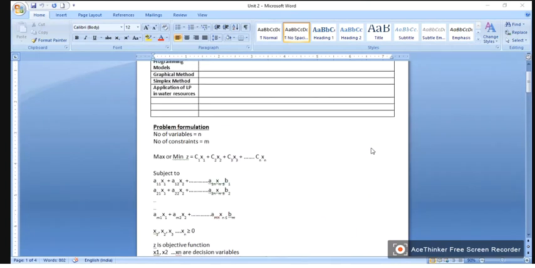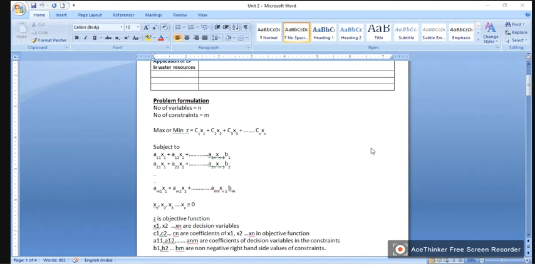So generally, all of you follow carefully. In the problem there will be n variables and there will be m constraints. The objective function can be a minimization function or a maximization function, and we can write the function like this. C1, C2, C3 are called coefficients of the variables in the objective function.